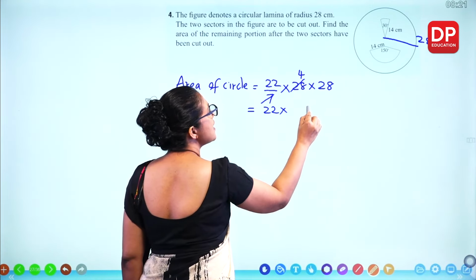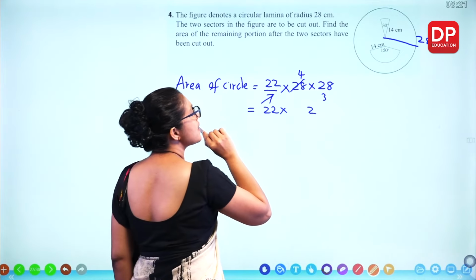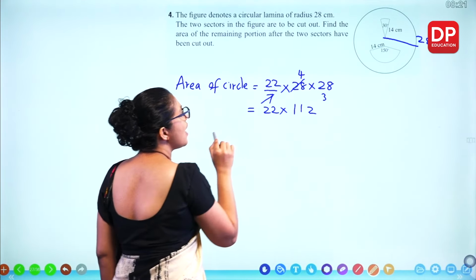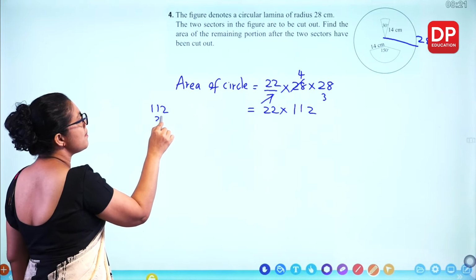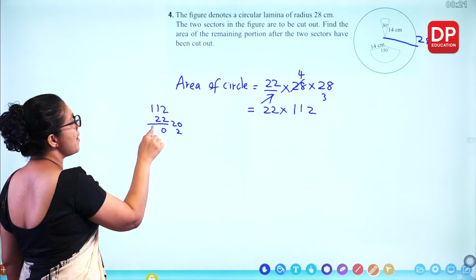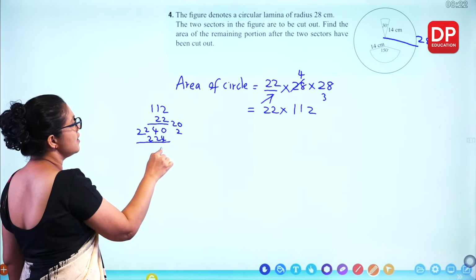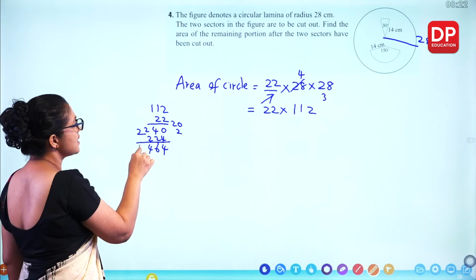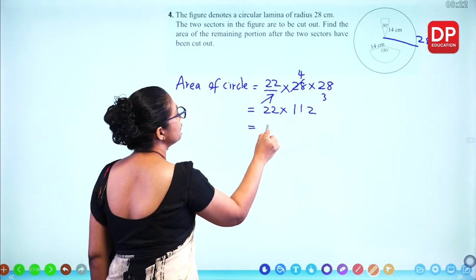You get 4 times 8, 32, 3 remaining, 4 times 2, 8, 8 plus 3, 11. So 112 multiplied by 22. 112 multiplied by 22, you multiply 20 and 2, multiply by 2 and you get 224 here. So when you add it, you get 2464.